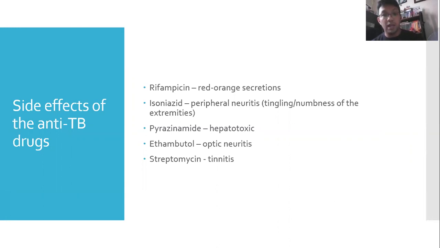Pyrazinamide can be hepatotoxic, so watch out again for the ALT and the AST enzymes. Ethambutol can cause optic neuritis, so it can cause visual disturbances in the patient who is taking ethambutol. And streptomycin causes tinnitus, so ringing of the ears.